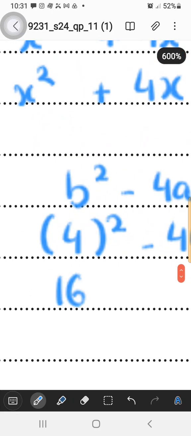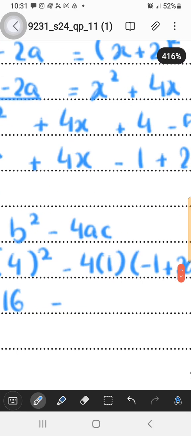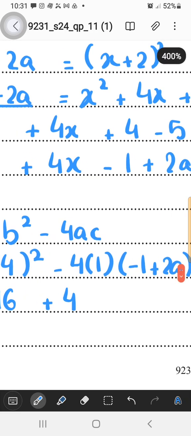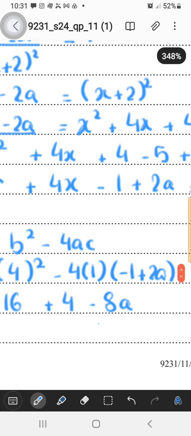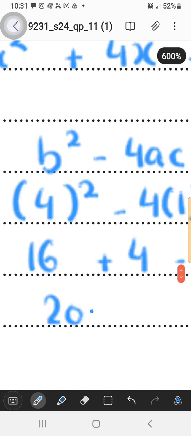Simplify it, it becomes 16 minus 4 multiplied by minus 1 becomes plus 4, and then minus 4 by 2a becomes minus 8a. So it becomes 20 minus 8a.